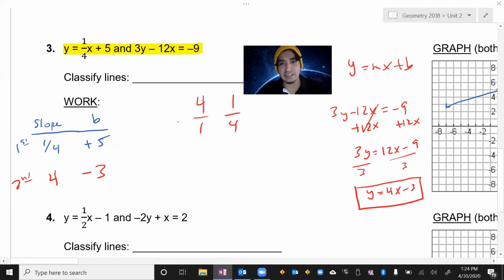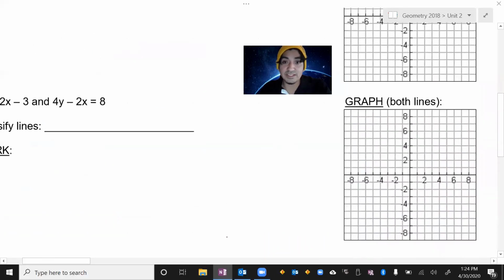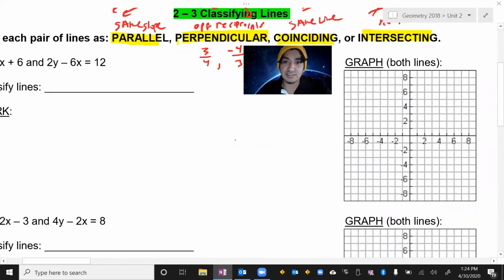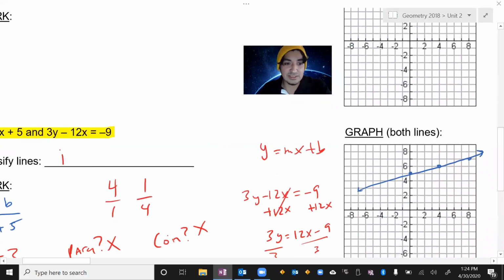So it can't be parallel and it can't be perpendicular, because one would have to be negative and the other positive. Are they coinciding? Are they the same line? No. So the only option left over is intersecting. So we're going to label this as intersecting.